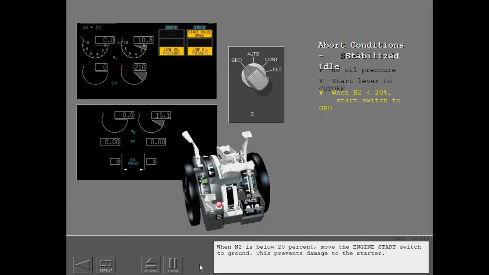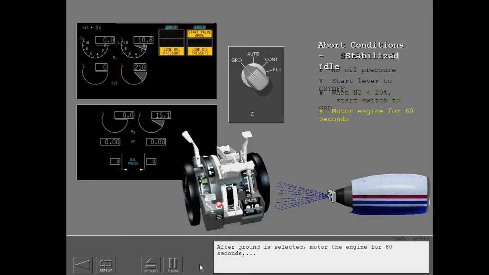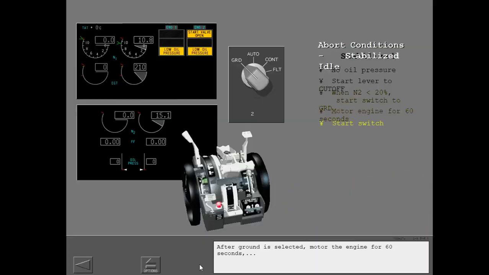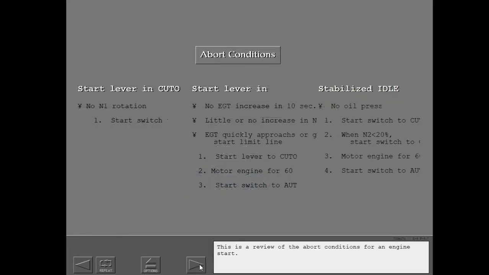This prevents damage to the starter. After ground is selected, motor the engine for 60 seconds, and then move the engine start switch to auto. This is a review of the abort conditions for an engine start.